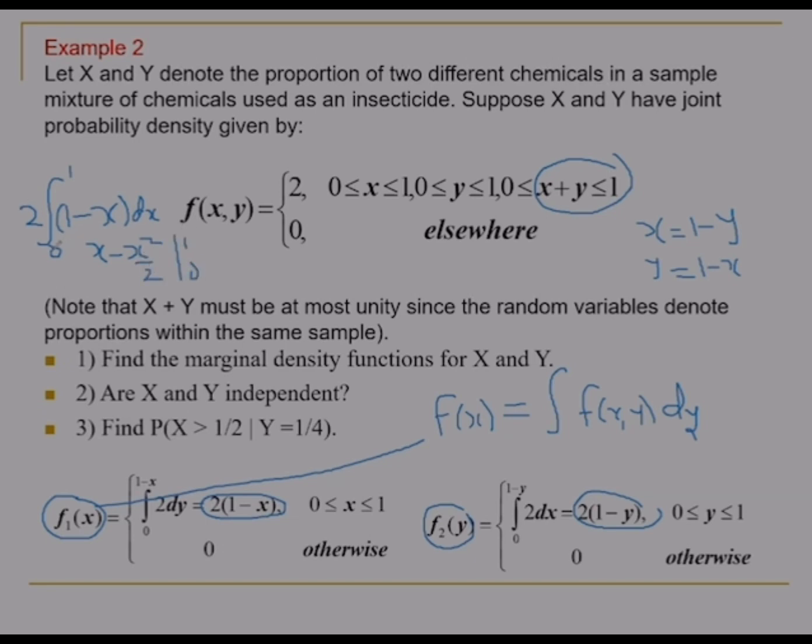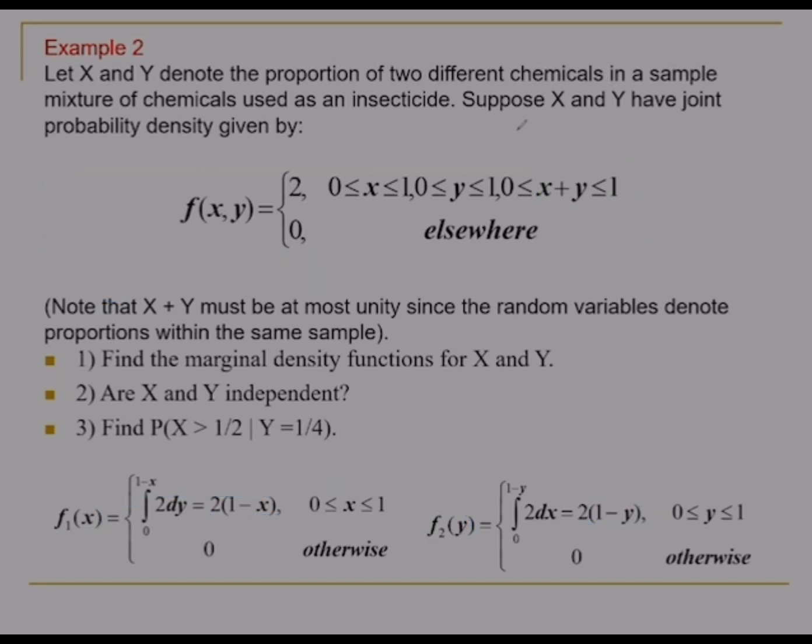Don't forget that everything is going to be multiplied by the 2. So when you plug in 1 and you plug in 0, that's going to be 1 minus half. So you're basically going to have 2 multiplied by half minus 0 at the end of the day, and that is going to give you 1. That shows that it is valid, that your answer is right. You're going to do the same thing for f of y as well.